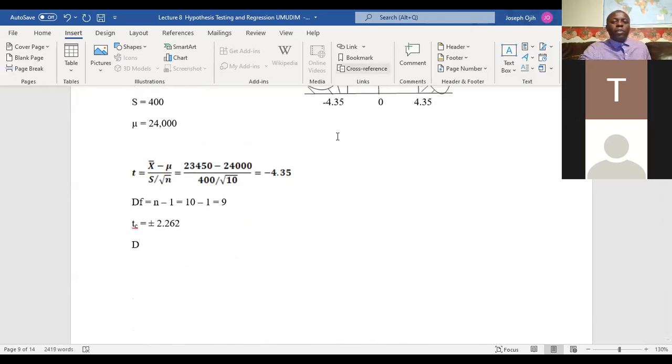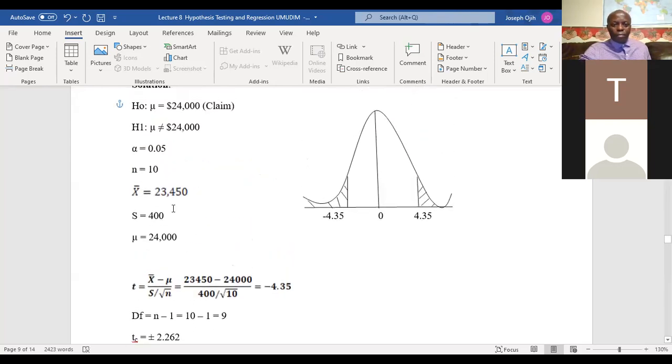Now, because one of them is negative and we are interested in the absolute value, the decision will be, since we have the critical value, t critical, equal plus or minus, we just use our answer, which is negative 4.35.